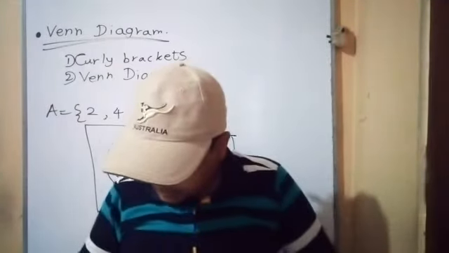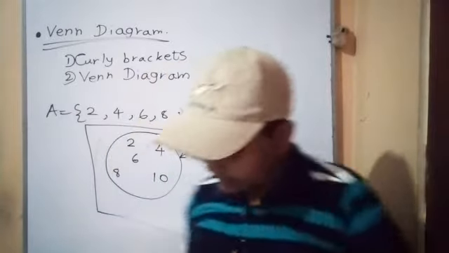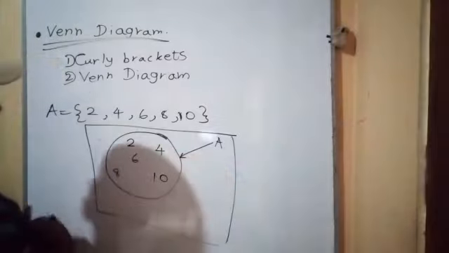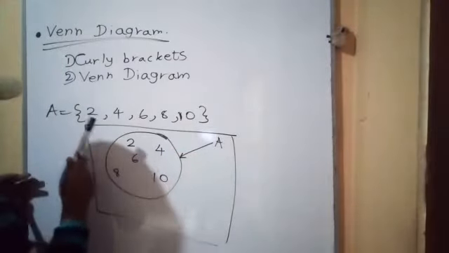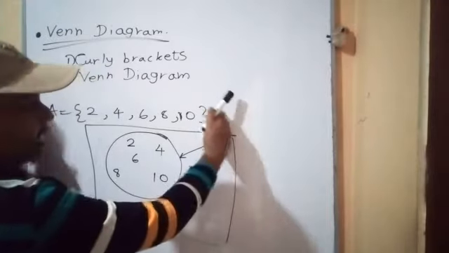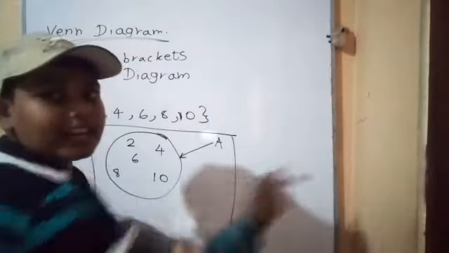Expressing a set in this manner, a closed figure is defined as representing a set by a Venn diagram. If you are given a set like 2, 4, 6, 8, 10, you represent this set as a Venn diagram.